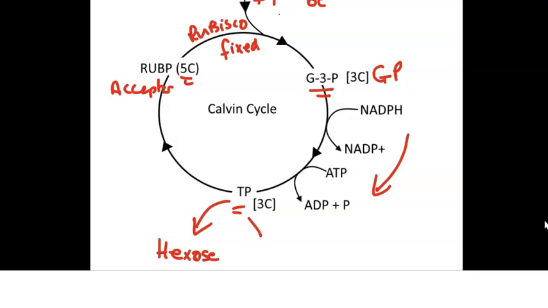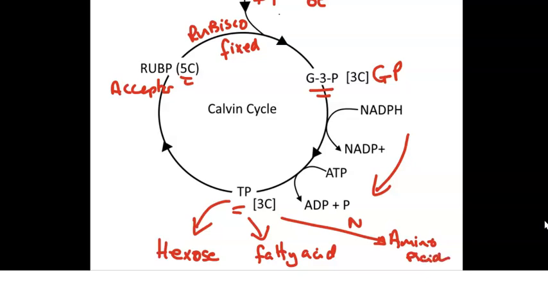There are pathways which allow us to generate fatty acids, and others still, when combined with a source of nitrogen, to create amino acids. In this way, plants create the biomass that we associate with producers.